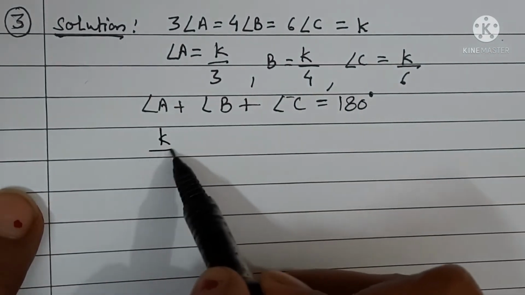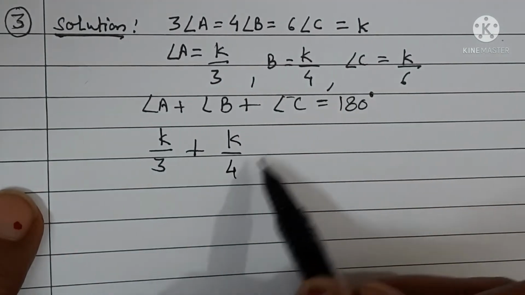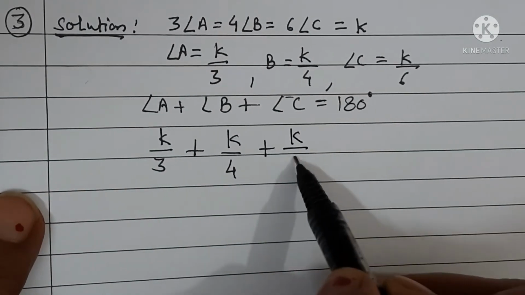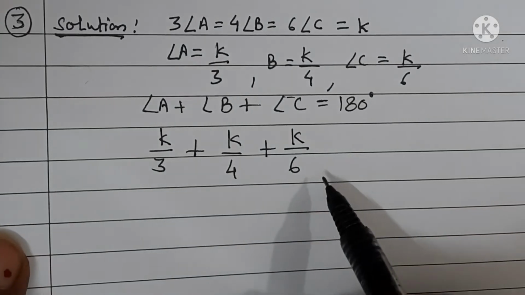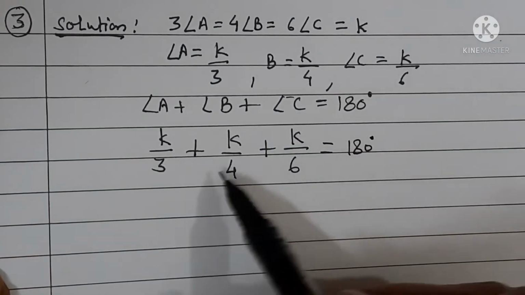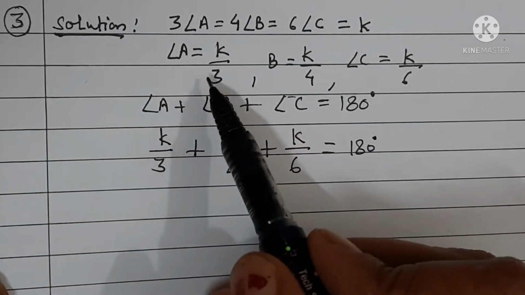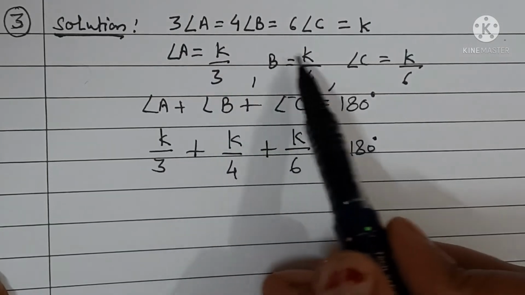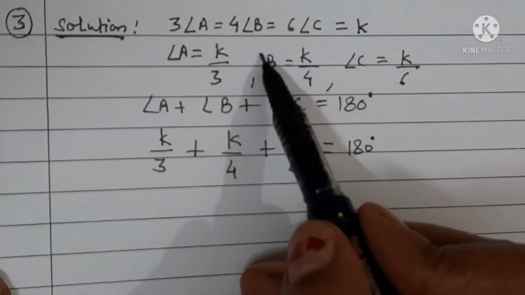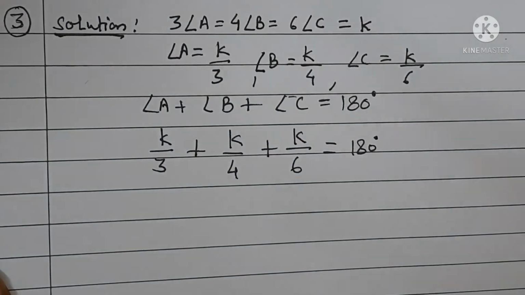Here substitute the value of angle A, then angle B, then angle C. Now take the LCM and get the value of K, and then substitute the value of K in these three angles. So you will get each angle. Let's see how to solve.